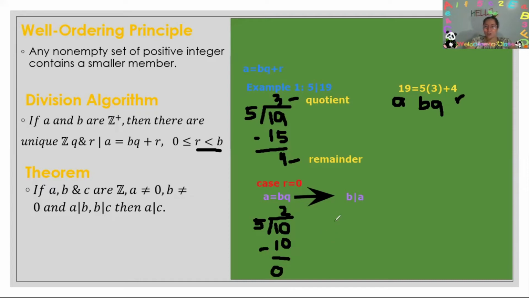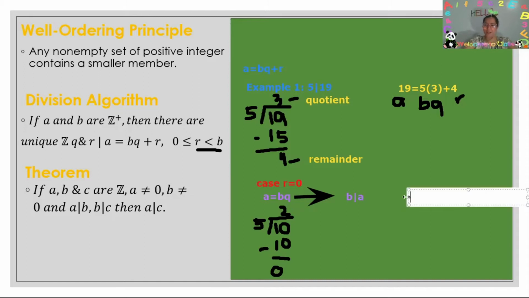In this case, we're going to write it in the division algorithm format. A is equal to BQ plus R, wherein our R is 0.